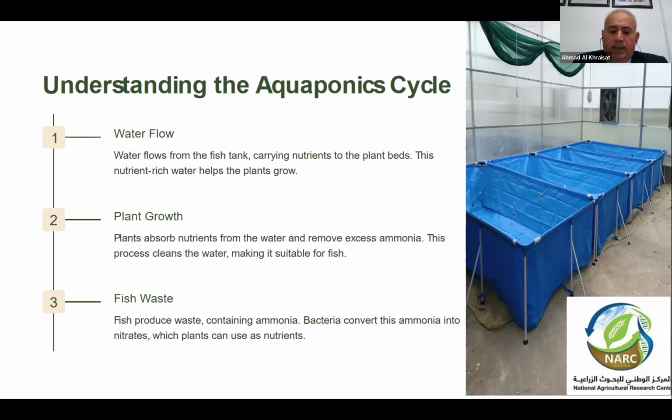This causes a problem for the system, which is an increase in ammonia. Ammonia is very toxic and may reduce fertility in the fish.